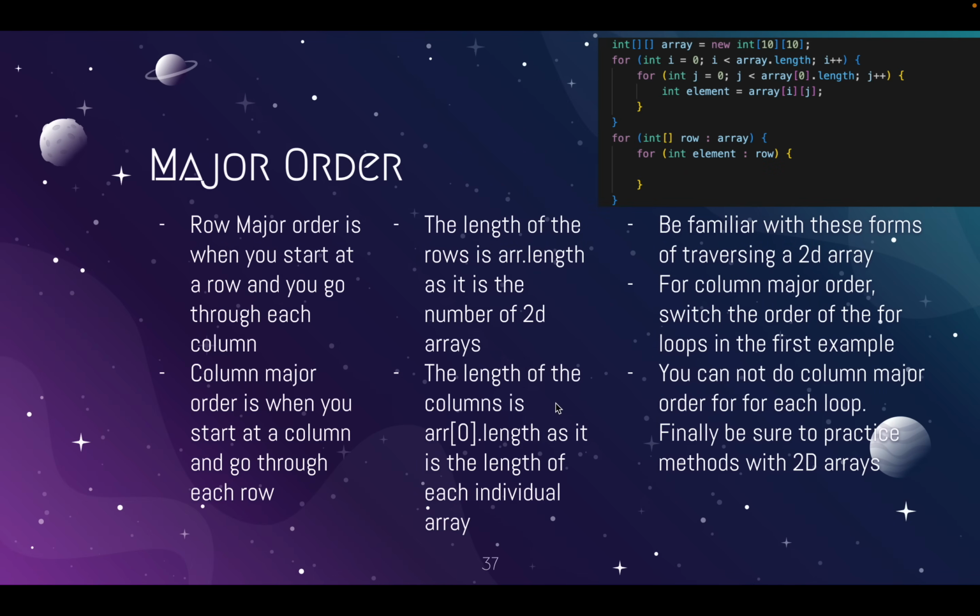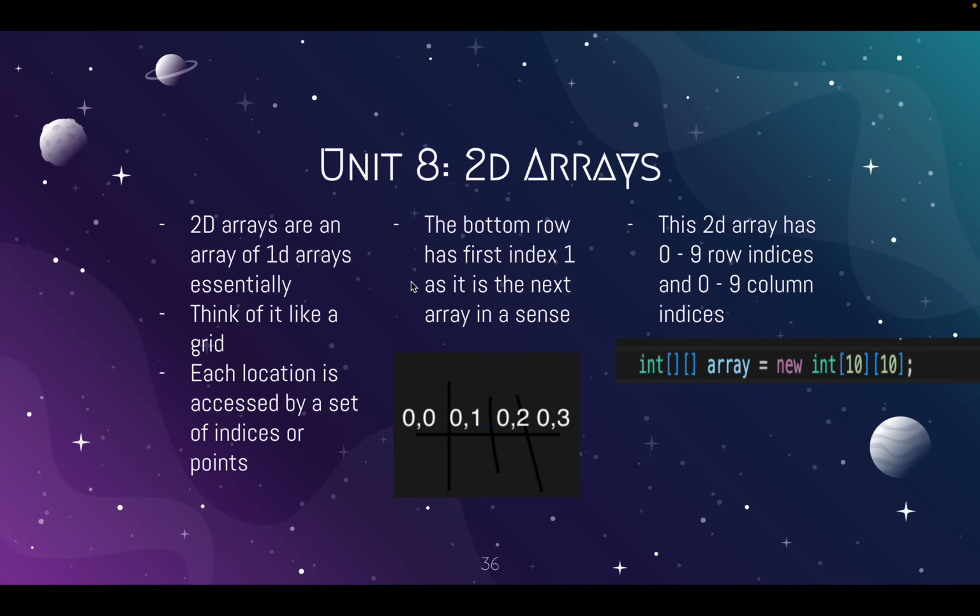So the length of the columns, the number of columns, is just the 2D array, whatever the name is. Say the 2D array name is arr. You do arr[0].length. So back here, array at 0.